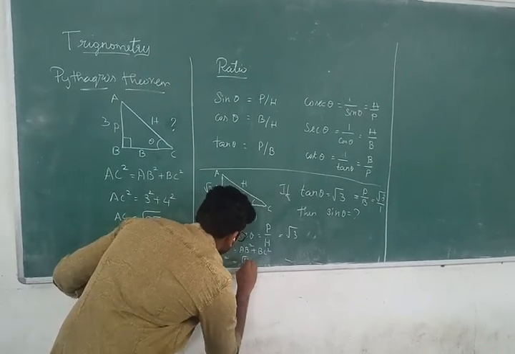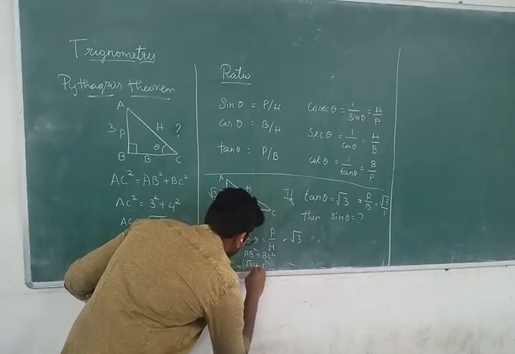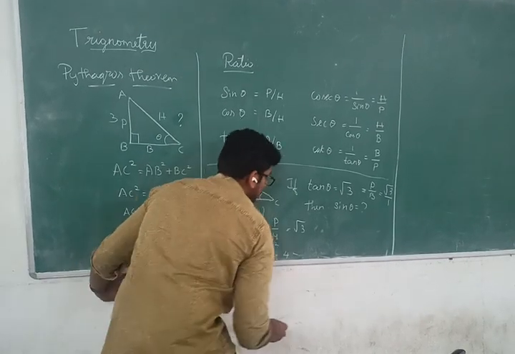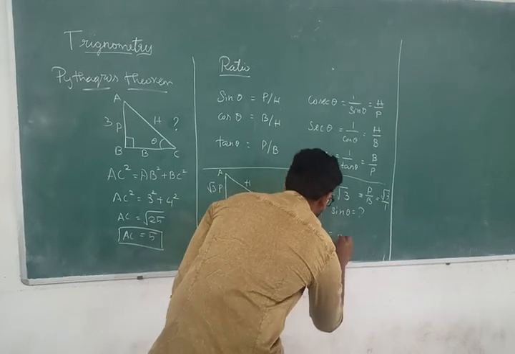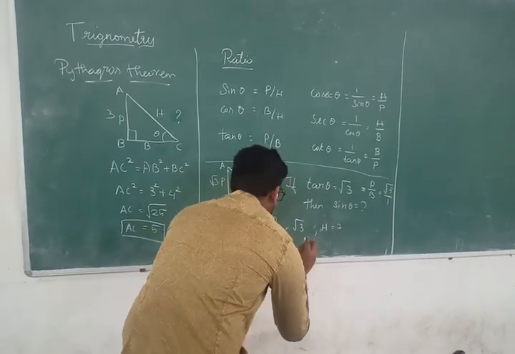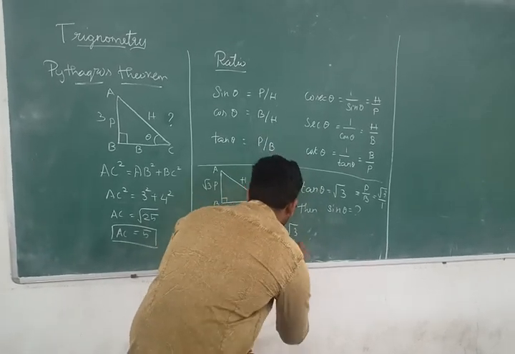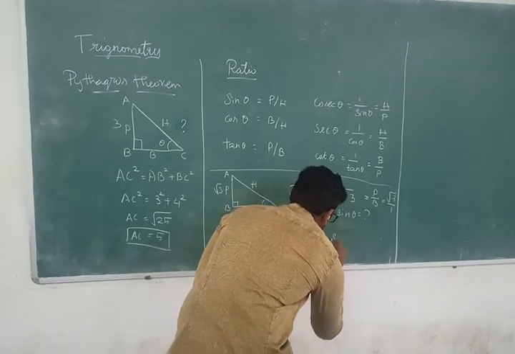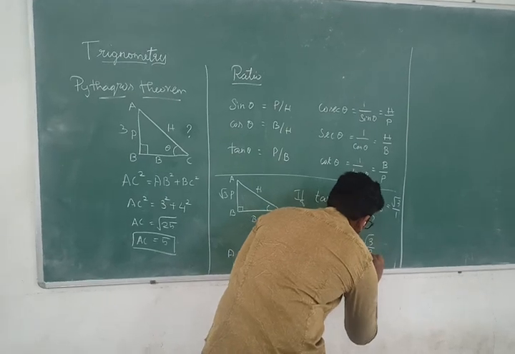AB square is root 3 square plus BC is 1 square. So H square equals 4. So H equals root 4. The answer is 2. Now you know H equals 2. So sin theta equals root 3 by 2.